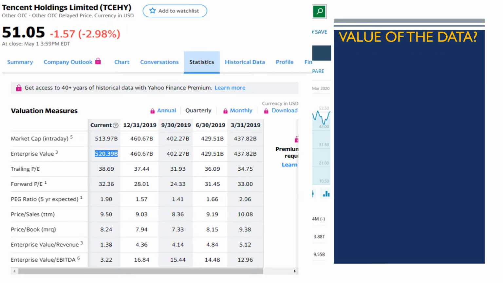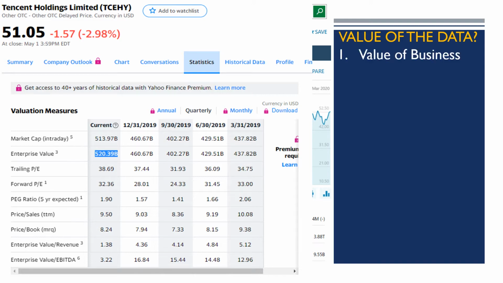What is the value of the data? On the left side, we have Tencent Holdings. This is an image from Yahoo Finance depicting some real data about Tencent's financial information. So when we're trying to determine data value, we should look at six factors.